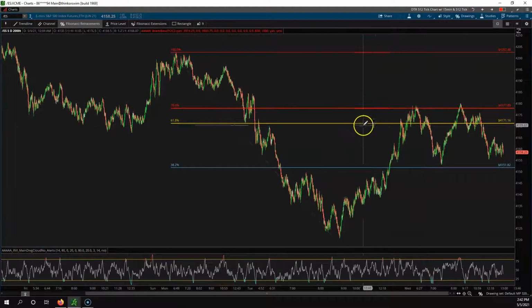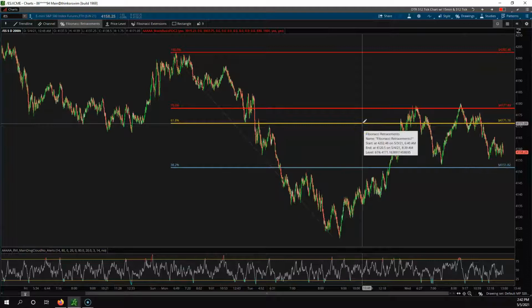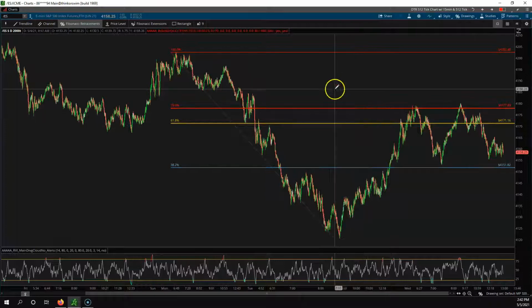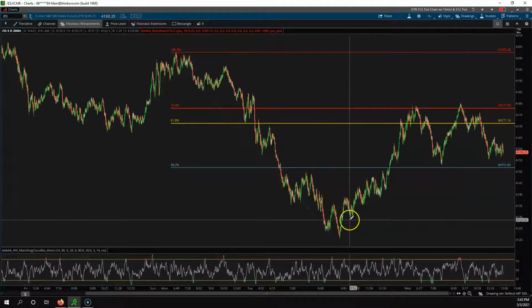With this, I like to use this chart for looking for my 61.8 to 70% pullback trade. This is actually in my Fibonacci trading course, where I really go over how to trade it. But this is essentially what the trade is.